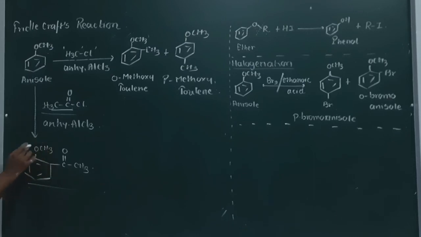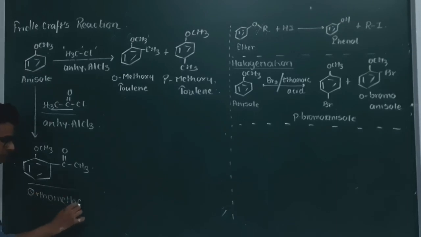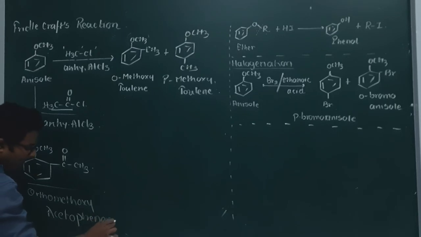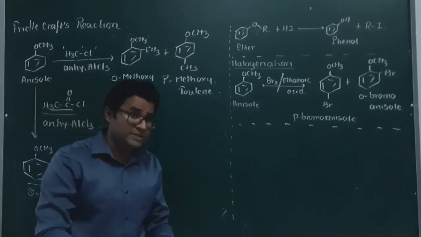This particular OCH3 is ortho with respect to this. Now this one is an ortho, so it is going to be the minor product. Remember, the minor product is obtained because of the steric hindrance.